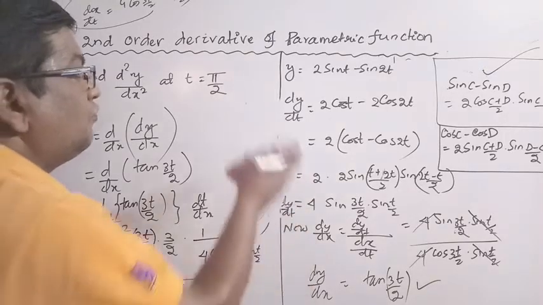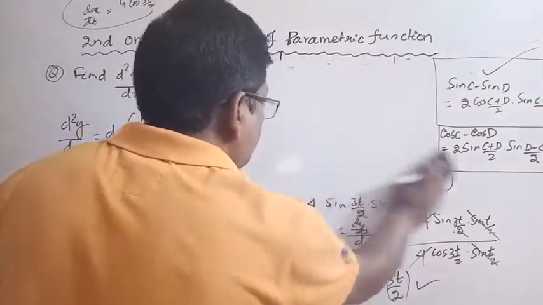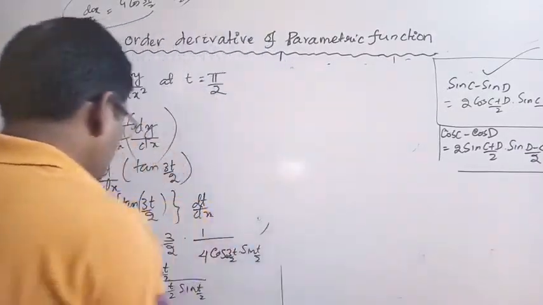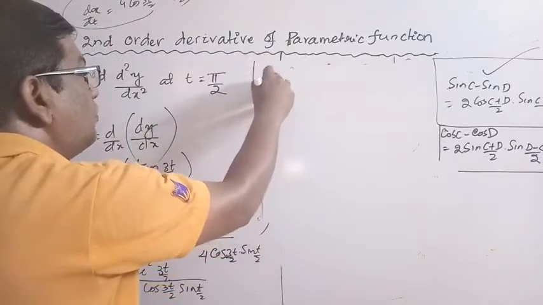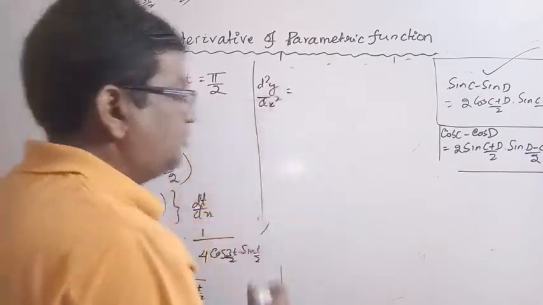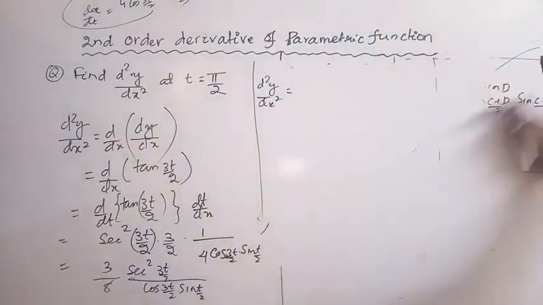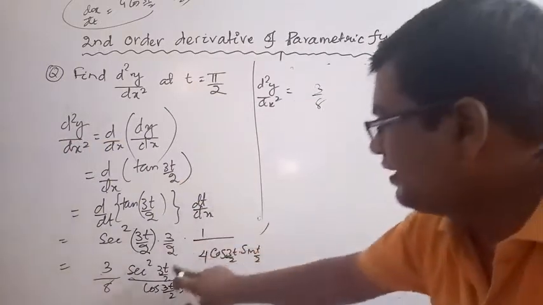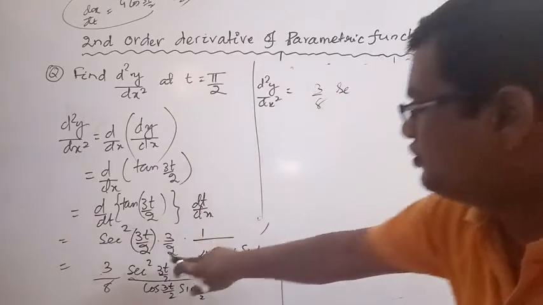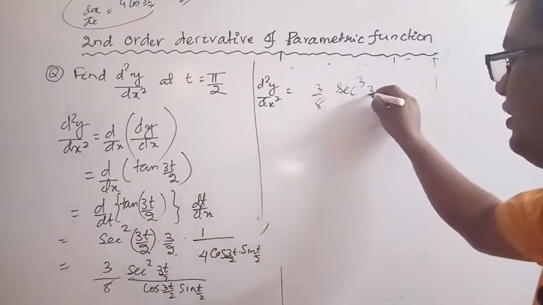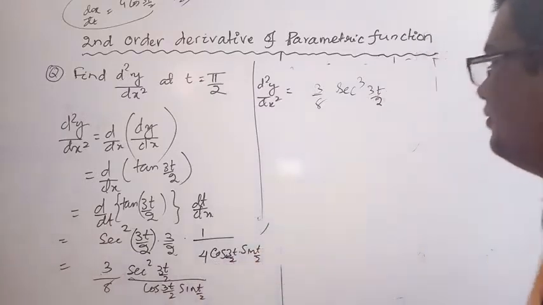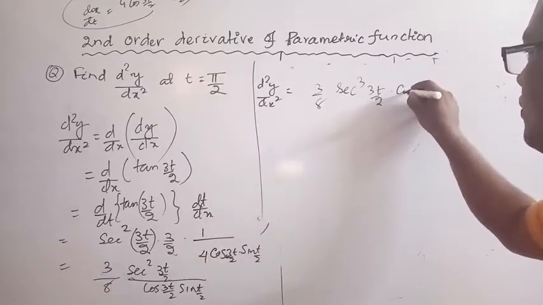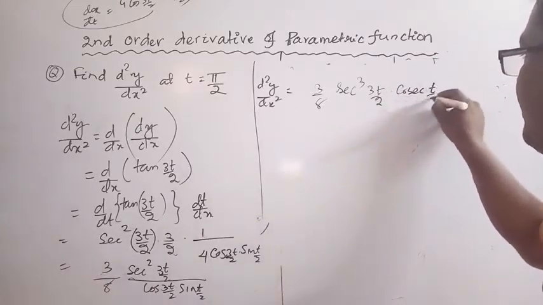So d²y/dx² is equal to 3/8 into sec³(3t/2) into 1 by sin, that means cosec(t/2).